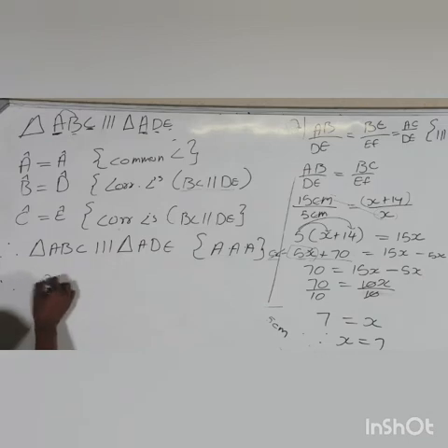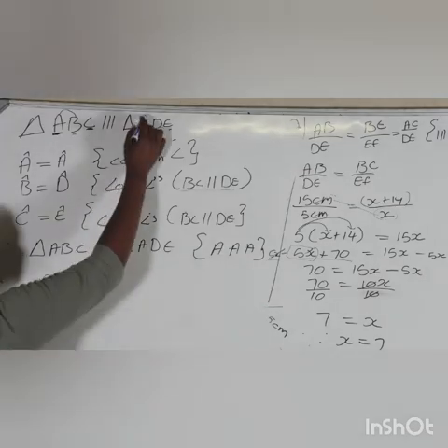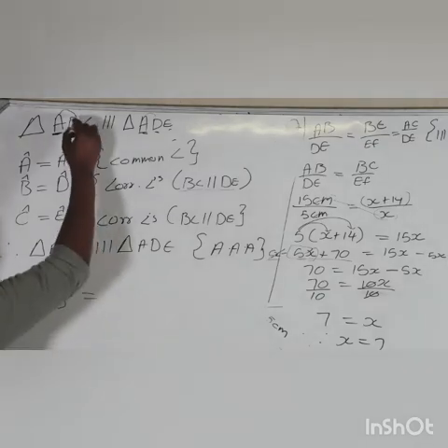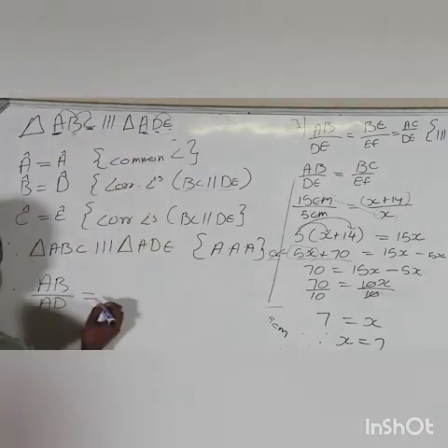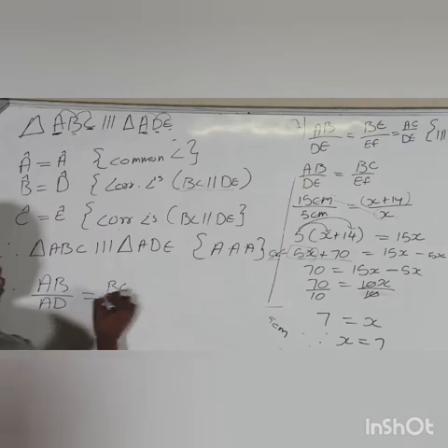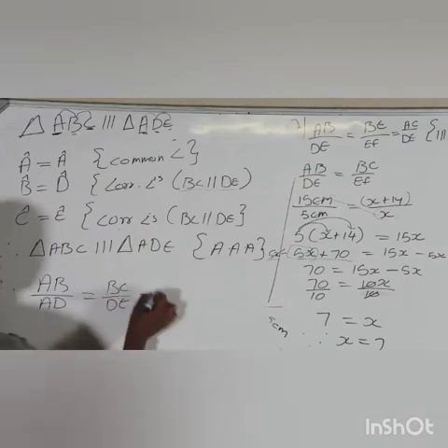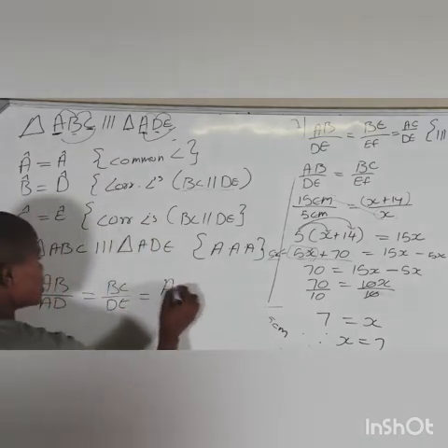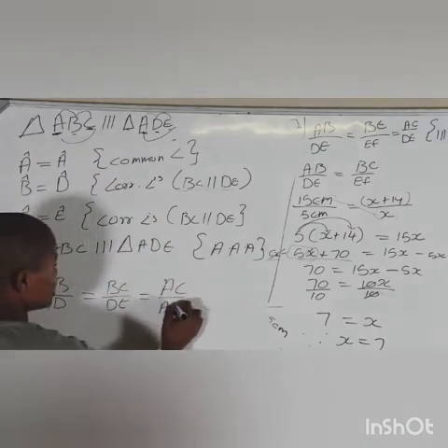So I'll say AB over AD is equal to BC over DE, which is equal to AC over AE.